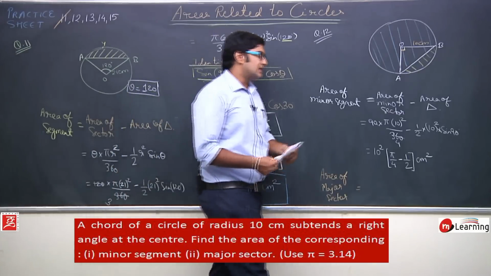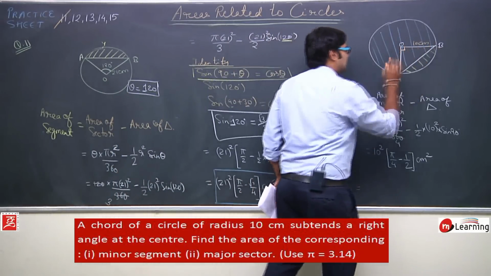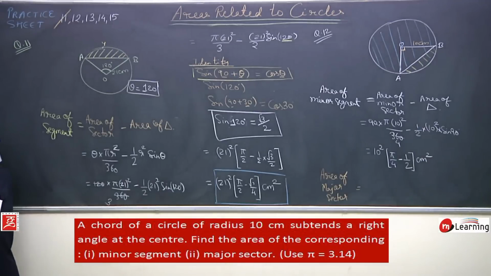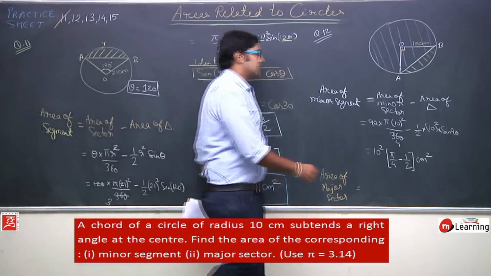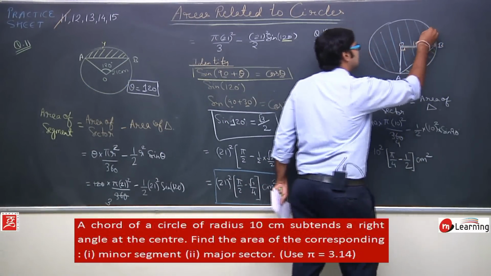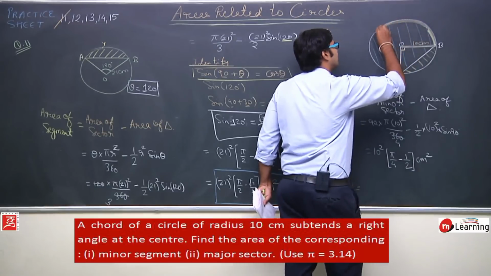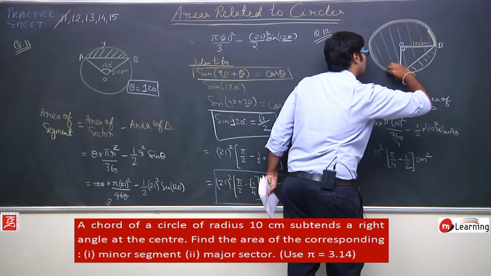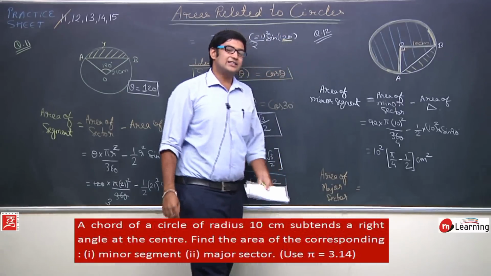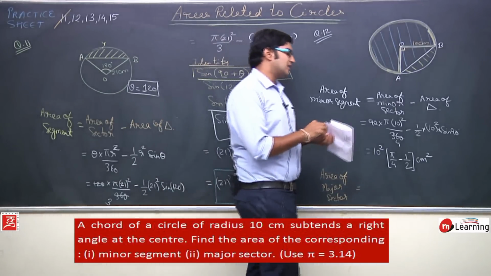How? The angle subtended by this major sector, let us mark this major sector first. Just focus on this major sector. This is my major sector. Now, what is the angle subtended by this major sector at the center?